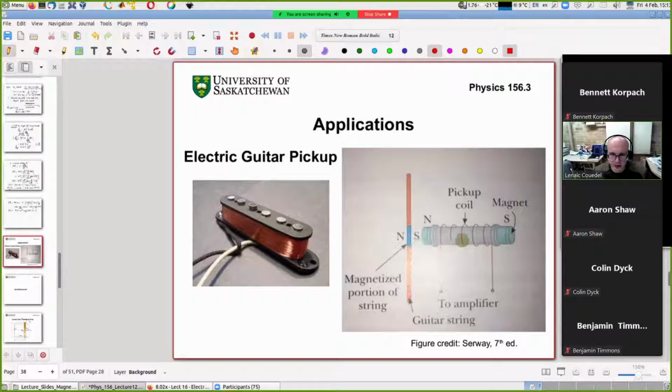If you have a changing magnetic field through a coil, you induce a current, and you can send this current to an amplifier and reproduce the vibration of the string. Vibration of a string for a guitar is the sound. So that's how you go from the vibration of the string to a sound on your amplifier, by converting first the mechanical motion into electricity, and then this electricity back to mechanical motion, the sound in your speaker.